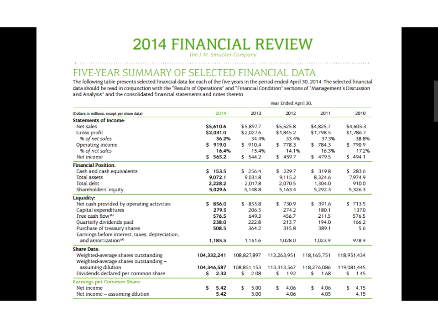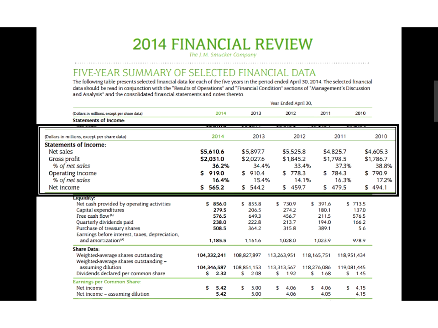So instead of looking through all that just to get a quick idea, we can see this 5-year summary of some selected data. It's really small, but it gives us some key numbers off the income statement, off the financial position, liquidity measures, and share data. So what I wanted to do here was blow that up a little bit. First of all, it gives us some key information off the income statement: net sales, gross profit, operating income, and net income.